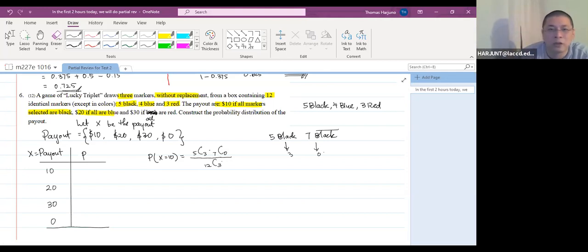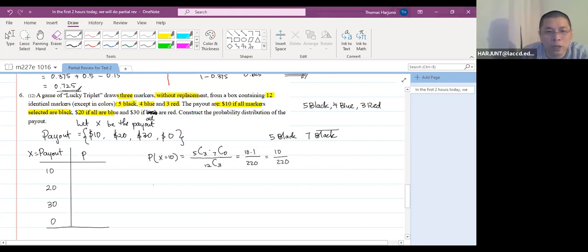Okay, and then you compute that. That will be 10 times 1 over, what is this? 220. So that will be 10 over 220.